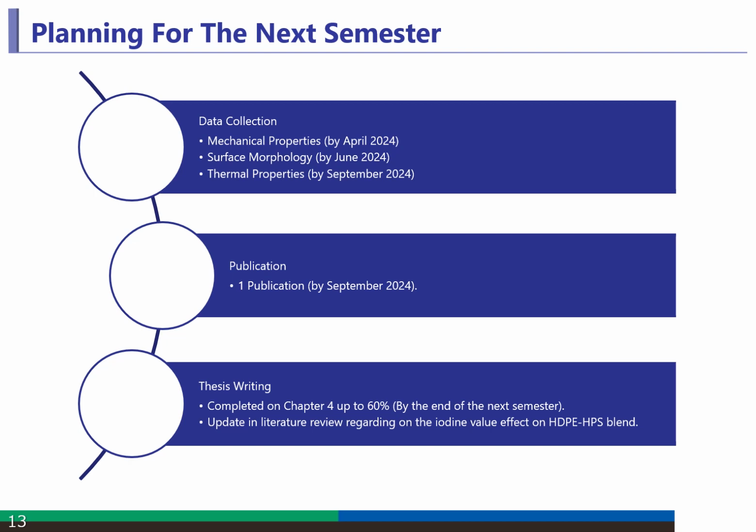And lastly, for the thesis writing, I am planning to complete chapter 4 up to 60% by the end of the next semester. I would also like to update the literature review regarding the iodine value effect on the HDPE HPS blend, because the iodine value has been highlighted as the main structure that affects the plasticizing ability of the HPS.